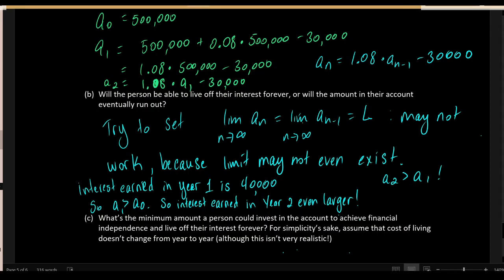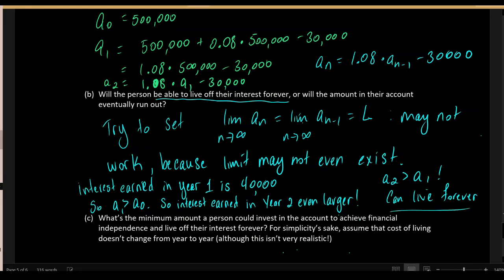So based on that, not only will the person be able to live off their interest forever, but if they manage to keep their living expenses low, they will probably continue to get richer and richer, even without doing any additional work and making any additional deposits.